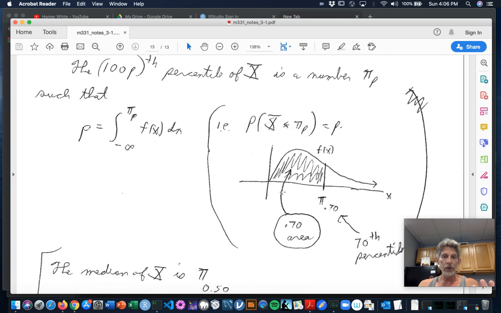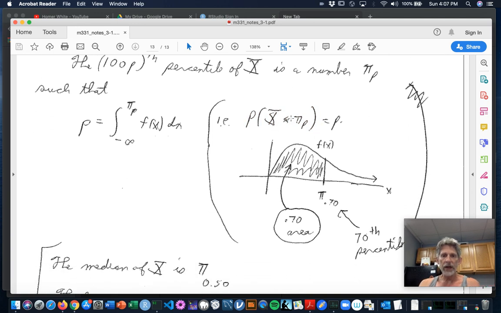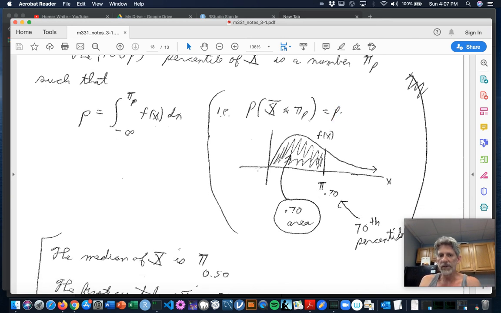So what they're doing here is they're actually looking for a number. When you're looking for a percentile, you're looking for a number so that the chance of being less than that number is any fixed chance that you're interested in. For example, say you want the 70th percentile of a distribution. Imagine this picture of the density function.